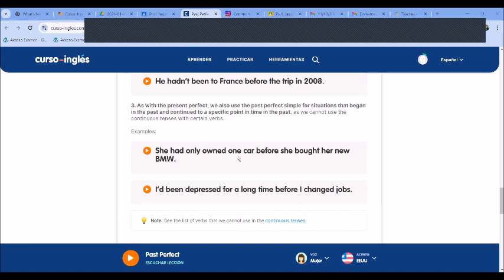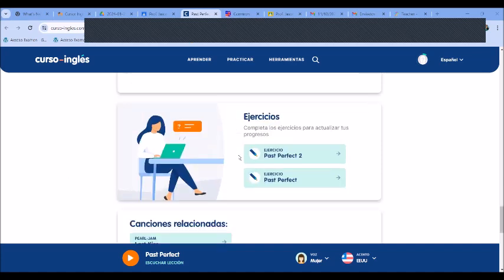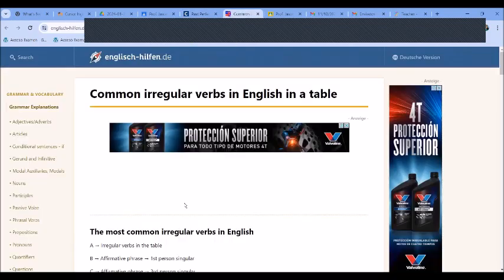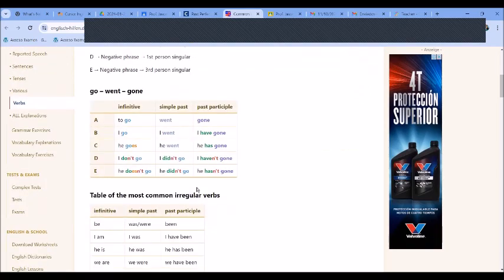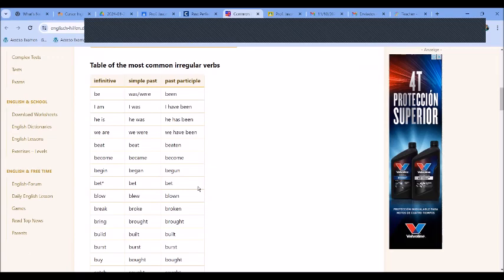All right. Now, we're going to jump into some activities. But before we go into activities, let me just jump over here. When it comes to English, we know very well that a lot of our verbs are irregular. I'm going to give you two lists of very irregular verbs in English, because the past perfect and the present perfect require that you use past participles.